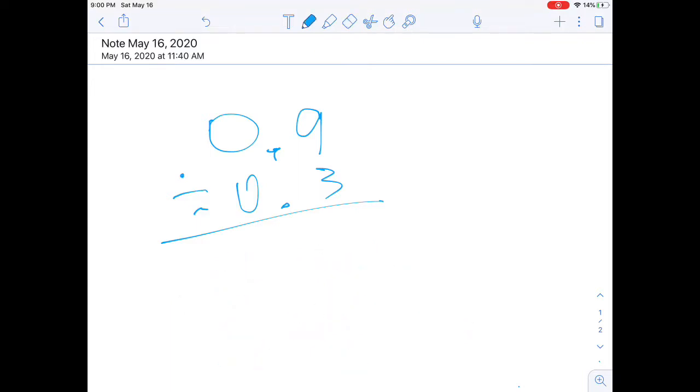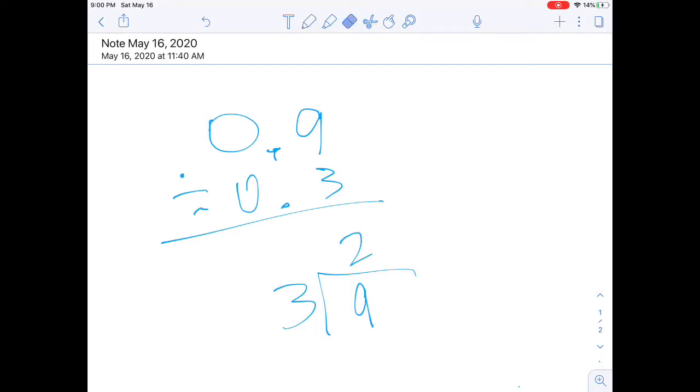So 0.3 is the same thing, and we're just going to forget the decimal point, and we're going to do 3 divided by 9, which is 2. And because they both have a decimal point, it gets rid of it. So your answer would be just 2.